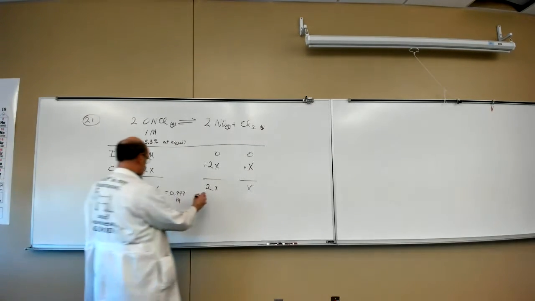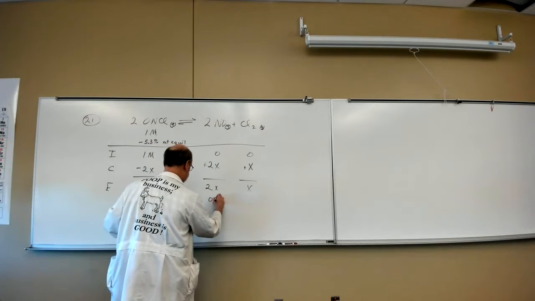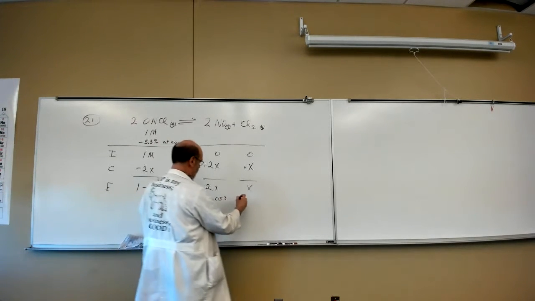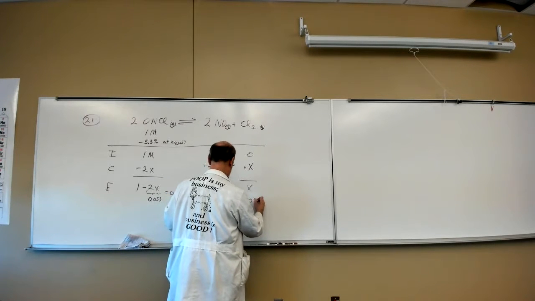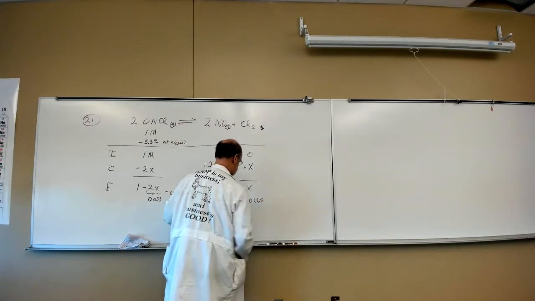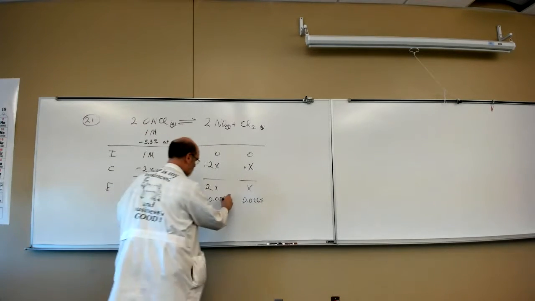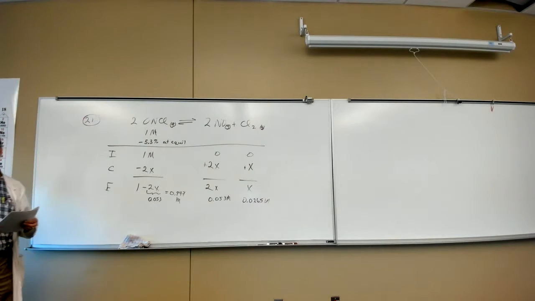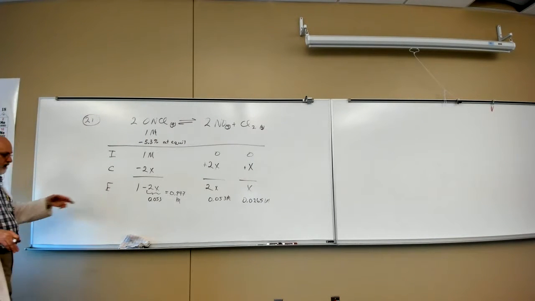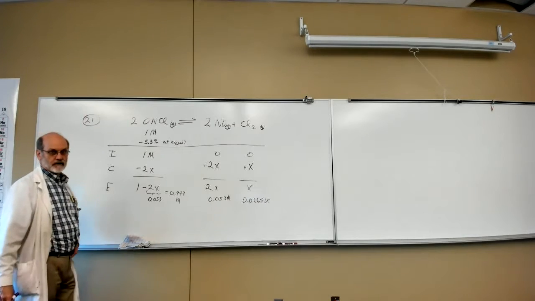And then this is going to be 0.053, and this is going to be half of that, 0.0265. Okay, so now that we know what our values are at equilibrium, we can calculate the constant.